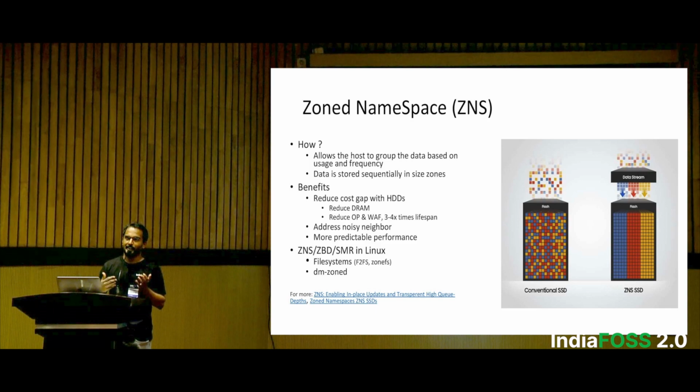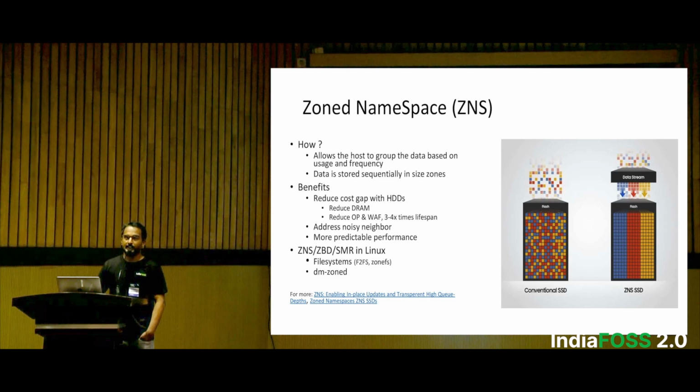Like I have data which gets erased more often, and some data which gets replaced very rarely. If you mix these types of loads, the SSD's lifetime will come down. HDDs usually don't suffer from this, but with the added benefit of speed, we need to make some changes in the host stack to address this.